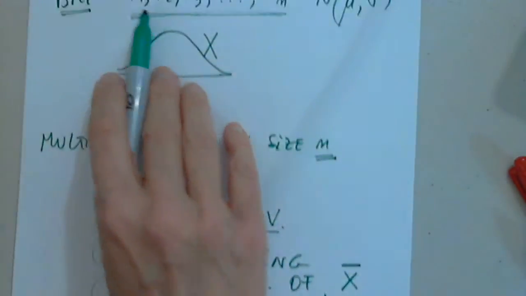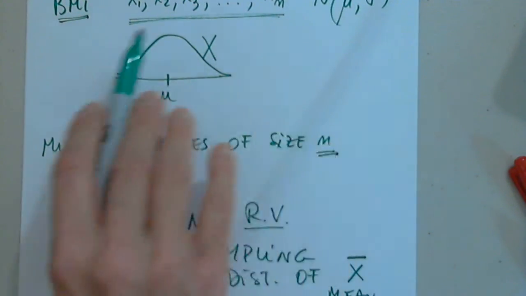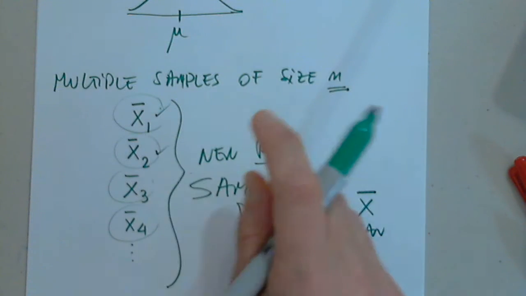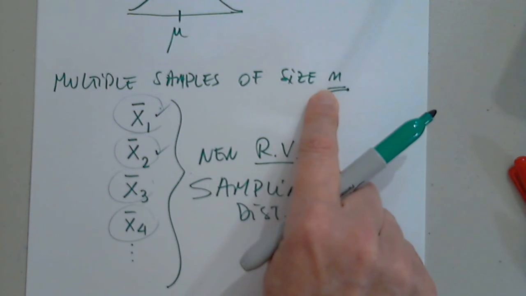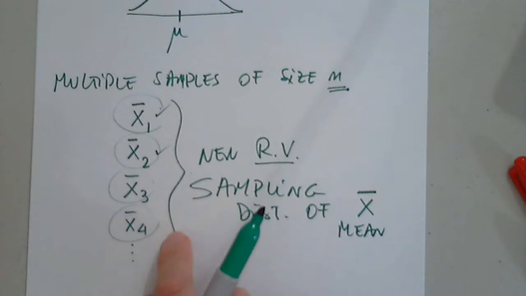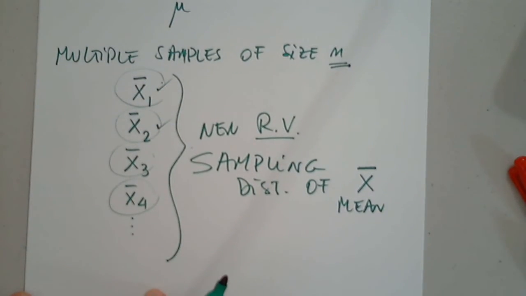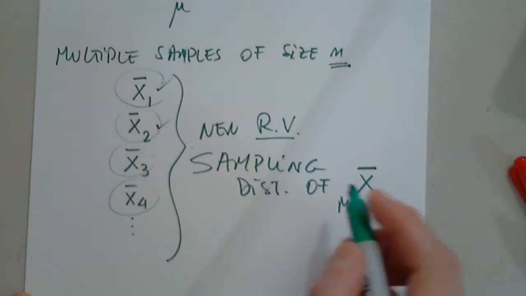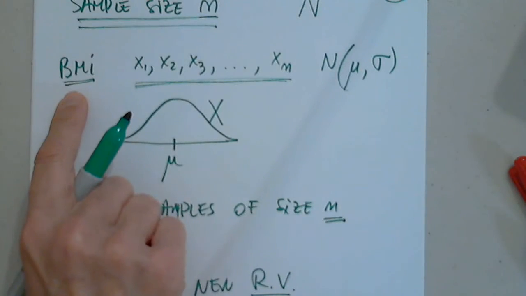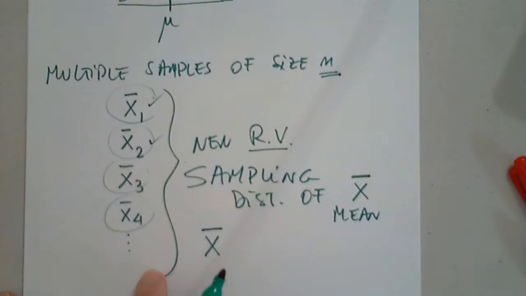So I add 15 of you, their BMI, and I divide by 15, I get this number. I go to the next class, I collect exactly the same sample size, I determine their mean, divide by the same sample size, and so on. So this is a new random variable. It's not the BMI. It's the mean of each.